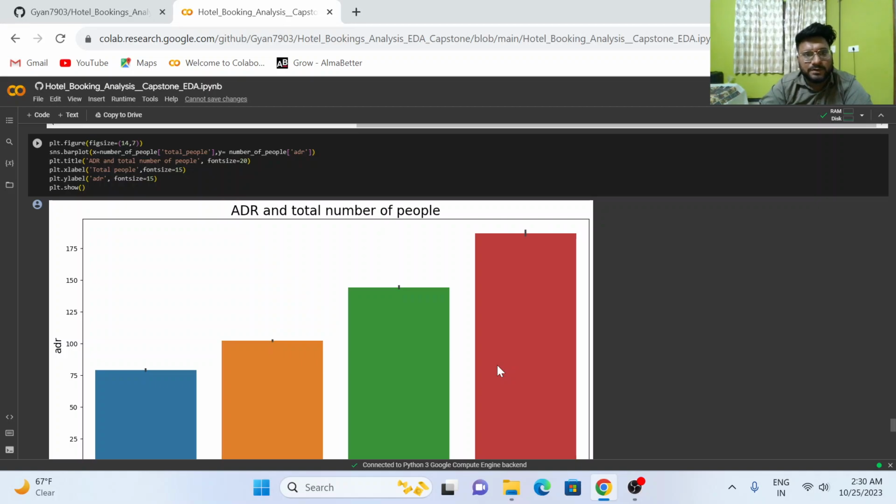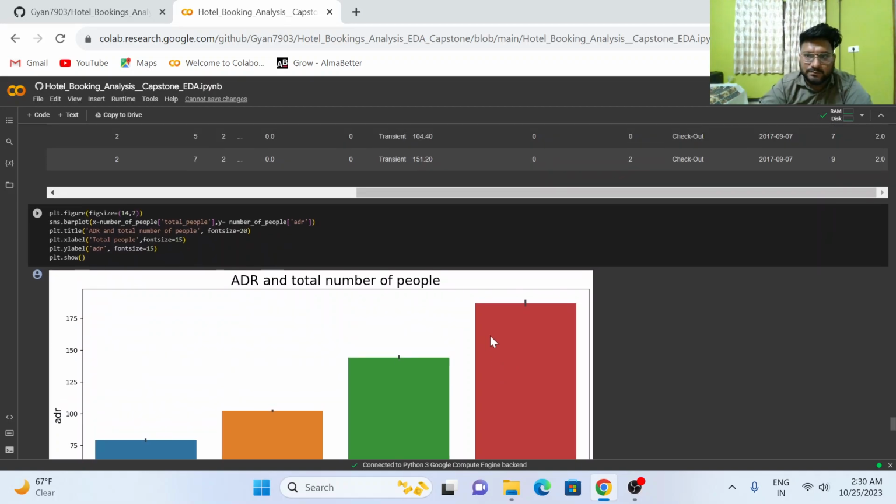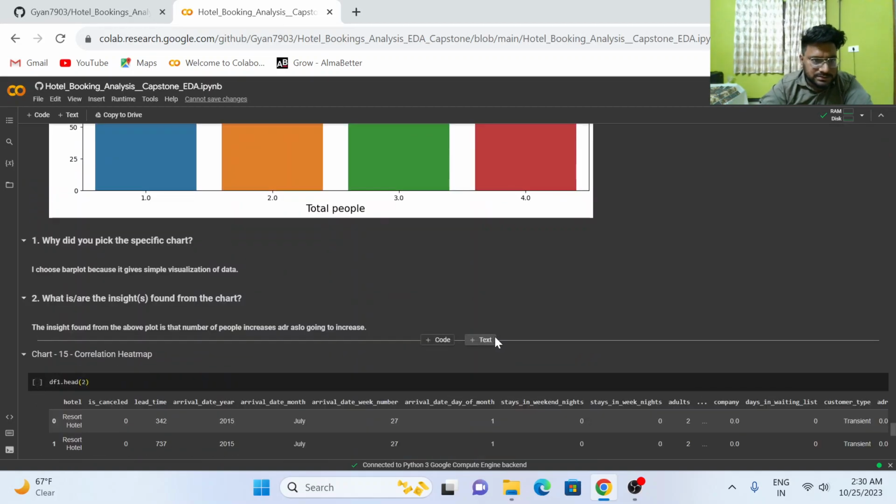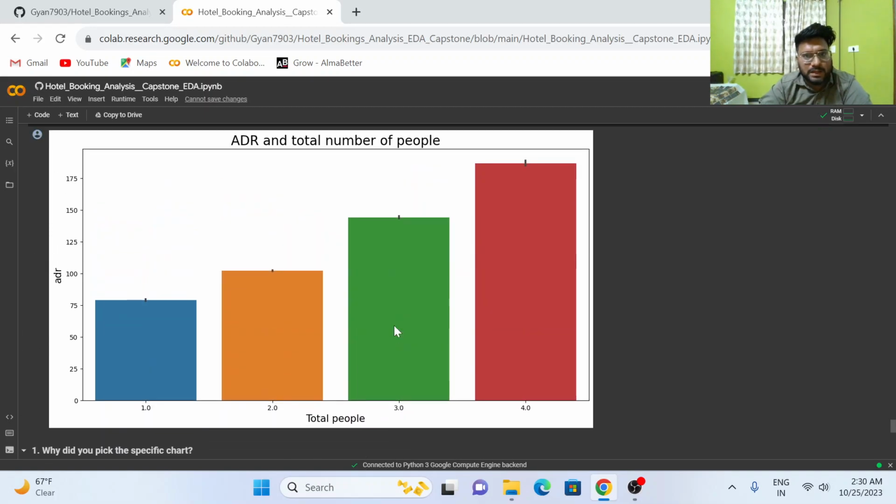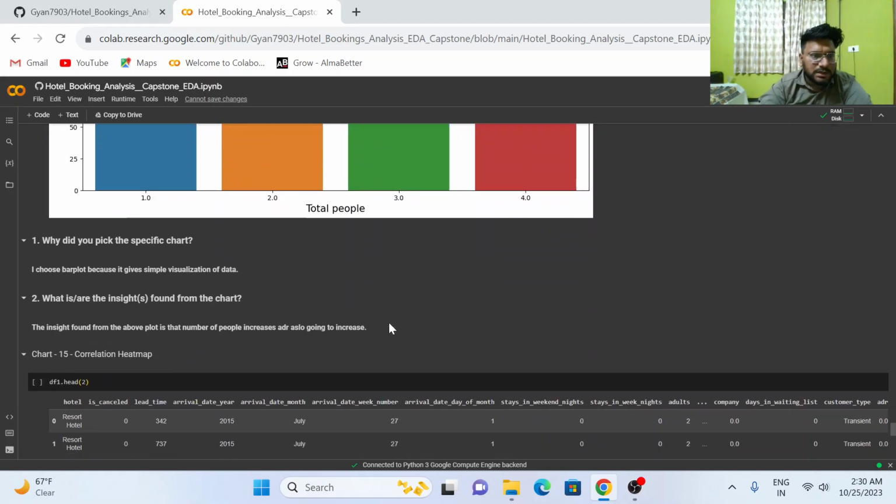When the total number of people staying in the hotel was 4, the ADR was the highest. So as the number of people staying in the hotel increases, the ADR also increases.